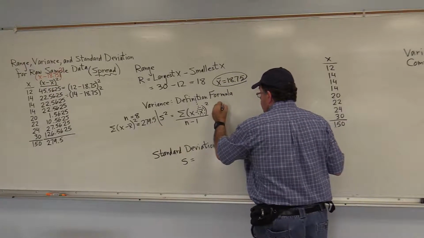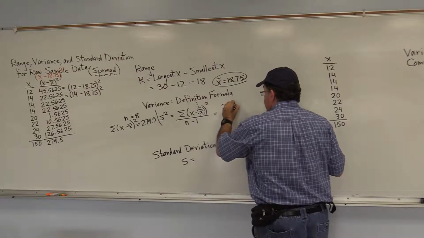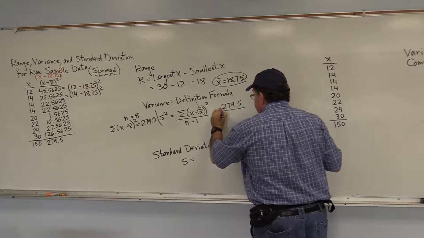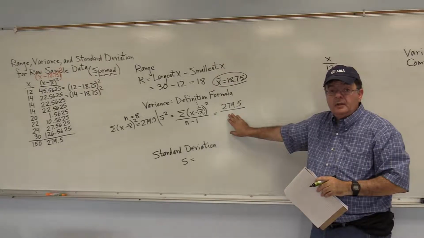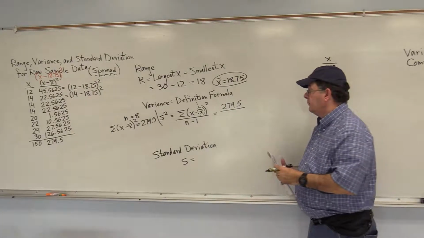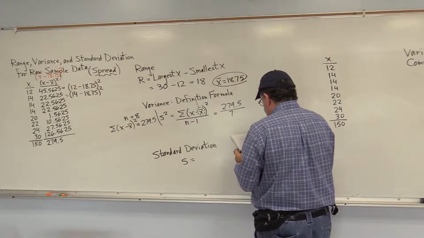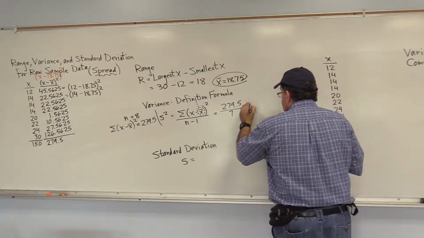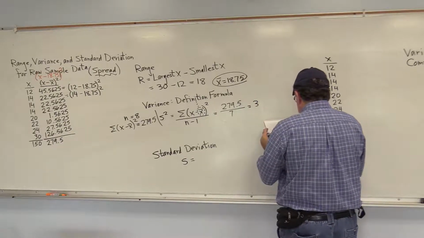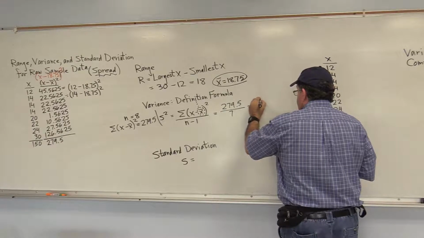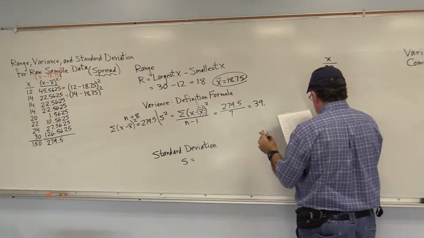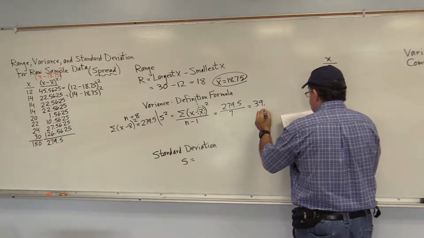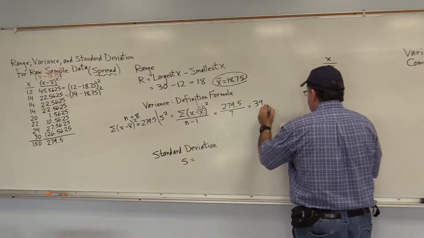So on top here, 279.5, divided by, in the denominator, n minus 1, that's going to be 7. And dividing, and I rounded to the nearest hundredth, to two decimal places, I get a variance of 39.93.